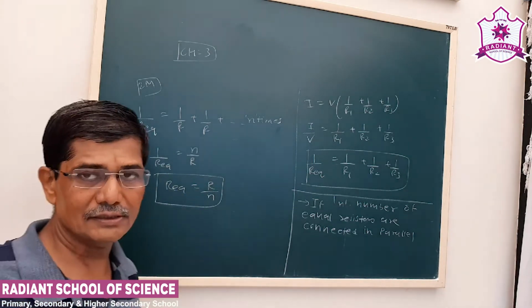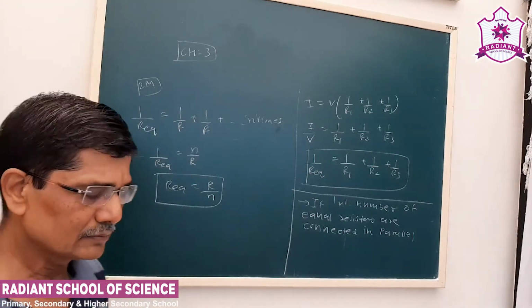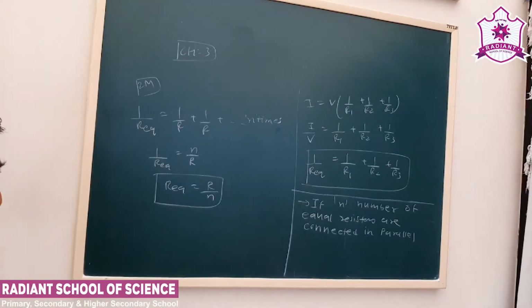Now see here the resistance is divided by n, so equivalent resistance will decrease.